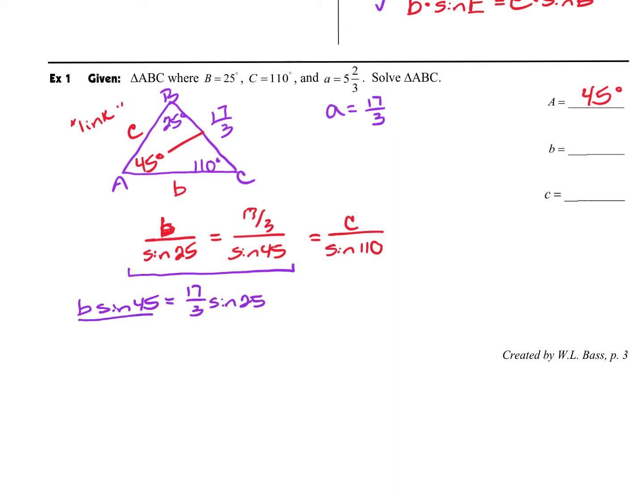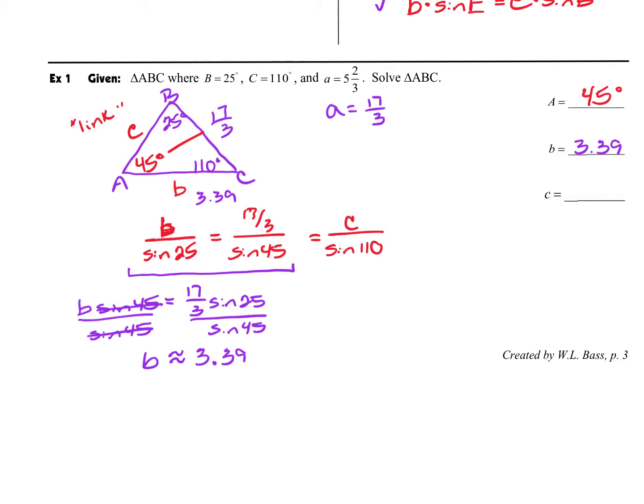I then could divide both sides by the sine of 45. These would cancel, and I could just type this into my calculator. So with your calculators there at home, you should practice typing this in, because that can be the hard part sometimes. So our B is 3.39. We're going to take this to the hundredths. We can also, if we want, put it into our picture, 3.39, and I'm going to write it over here on my answer blank as well.